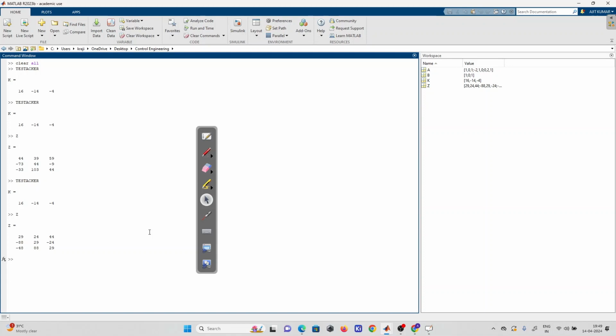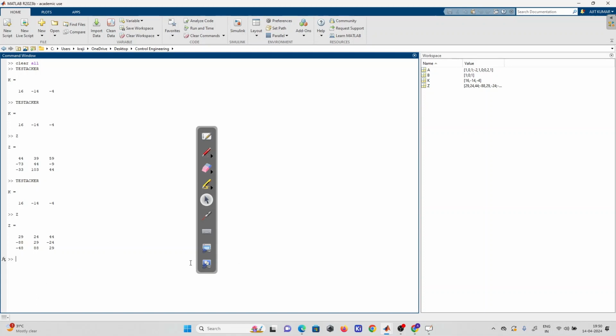So 44 plus 30, 29 plus 15, how much? 44, correct? Then 24 plus 15 is 39. I think this is correct. So some mistake will be there.